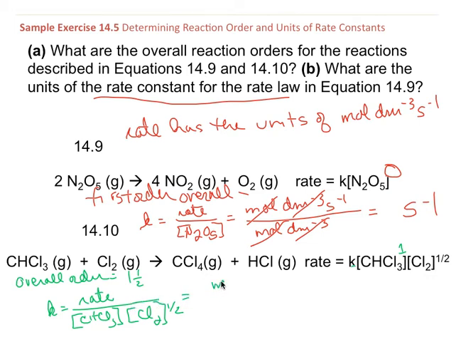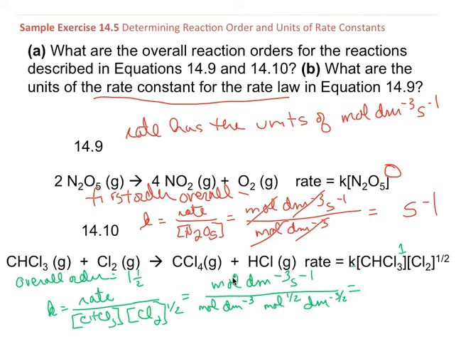So, well, rate I know is moles, decimeters -3, seconds -1. Concentration for the first one is moles, decimeters -3. For Cl2 to the half, it will be mole to the 1/2, decimeters to the -3/2.